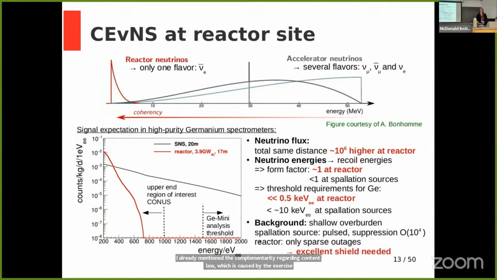In both cases, of course, spallation sources and reactors are located above ground, so you need shielding. However, at the spallation source, thanks to beam correlation, we get an additional factor of the order of 10 to the power 4 of background suppression. And you can imagine that this immediately helps a lot to get the signal out of the data. While at the reactor site, you have to work a lot more, try to get better shielding, to get the chance to see anything.